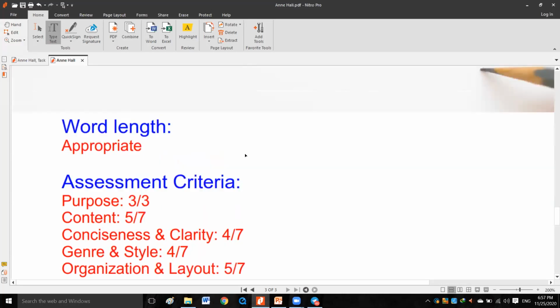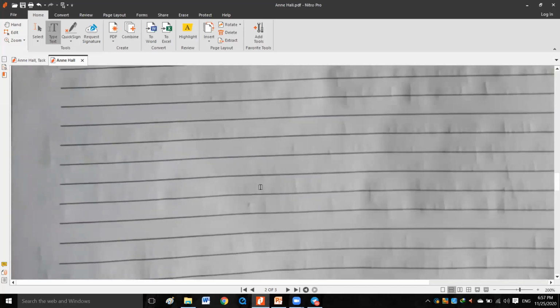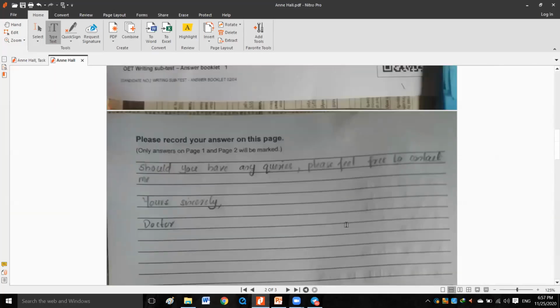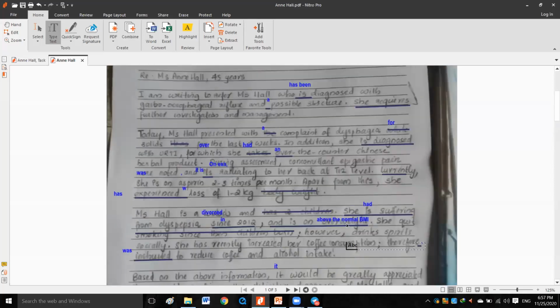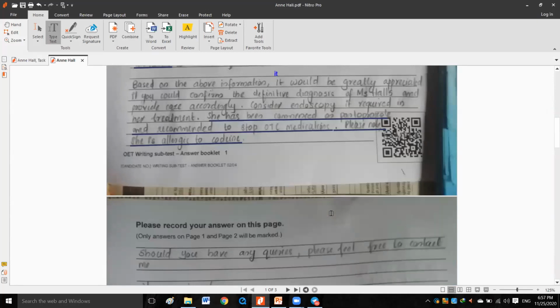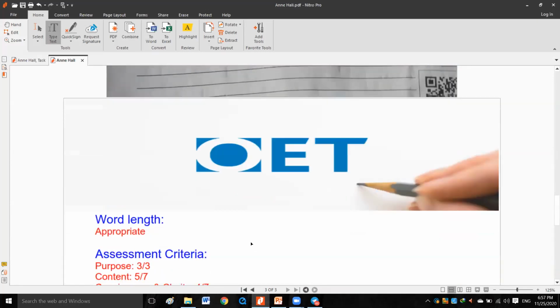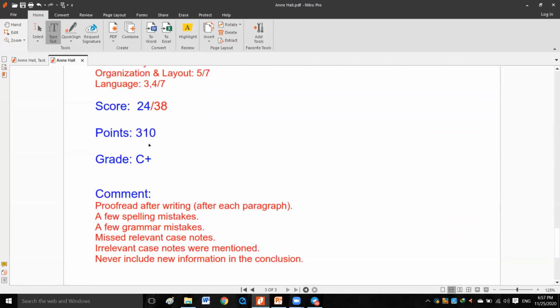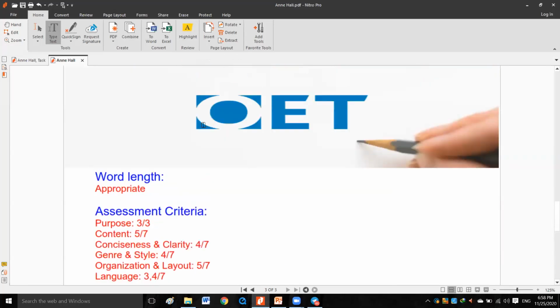Language 3 to 4. Overall C plus with 310 points. This is regarding this letter.